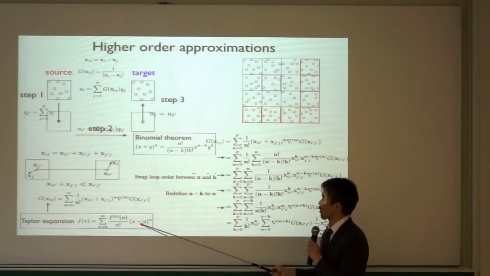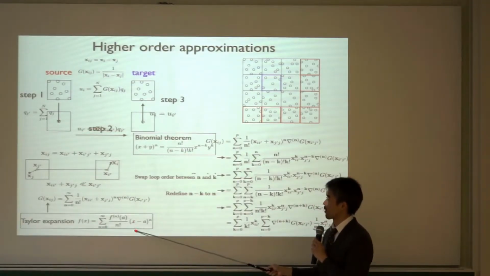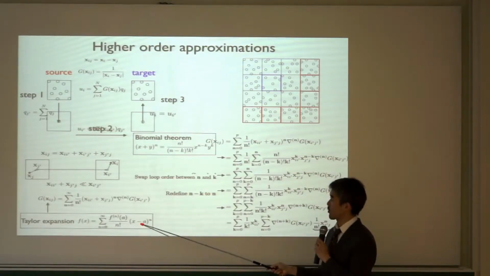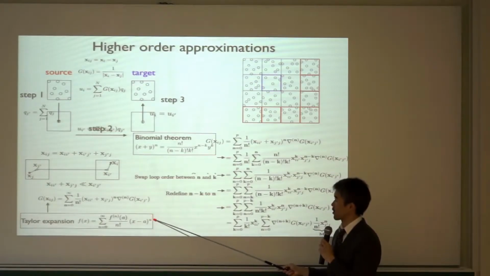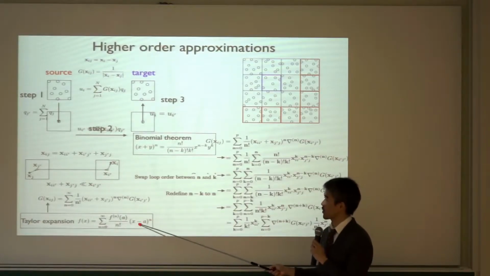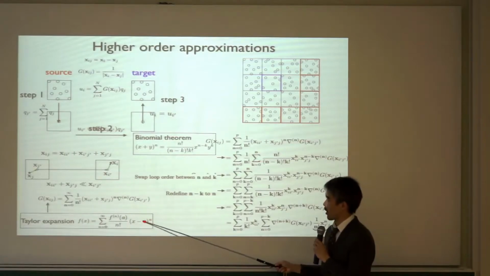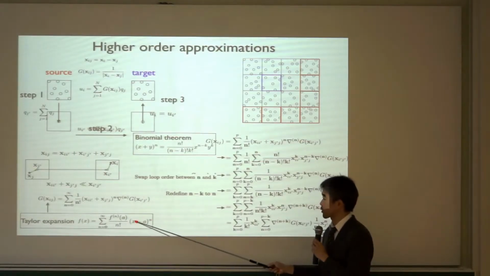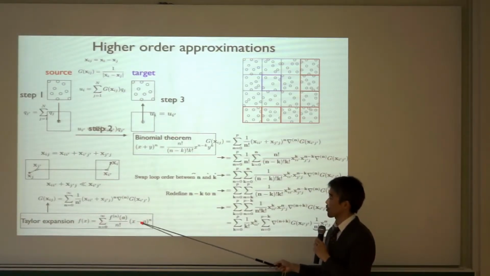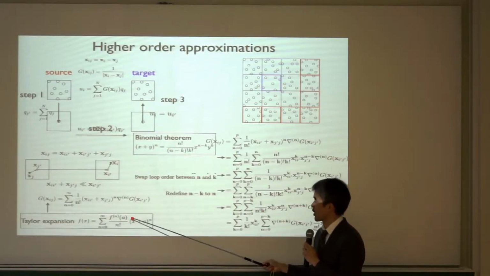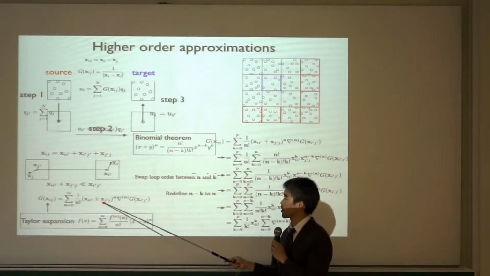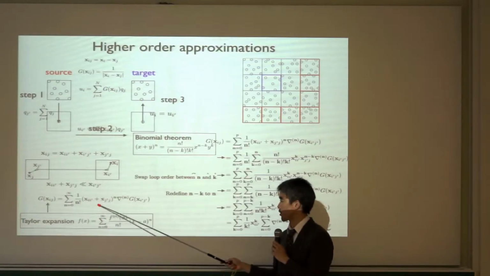So this part being small is the important thing here. If this number was larger than 1, then because you keep multiplying by n, this number is going to get bigger and bigger. If x minus a is smaller than 1, if you keep taking the power of n, then it becomes smaller and smaller, right? So it depends on whether this part is smaller than 1. So this part needs to be small for this thing to converge.